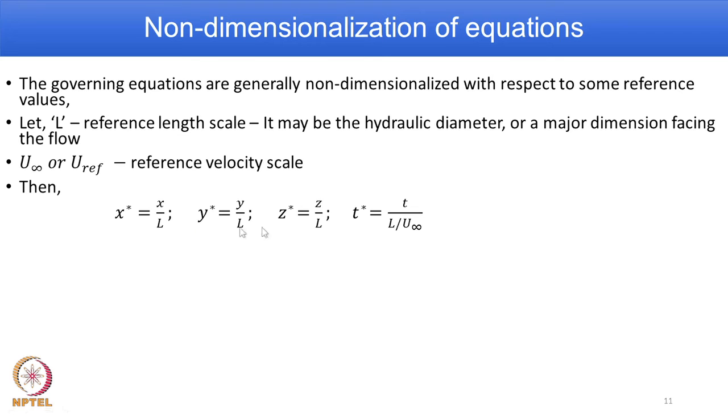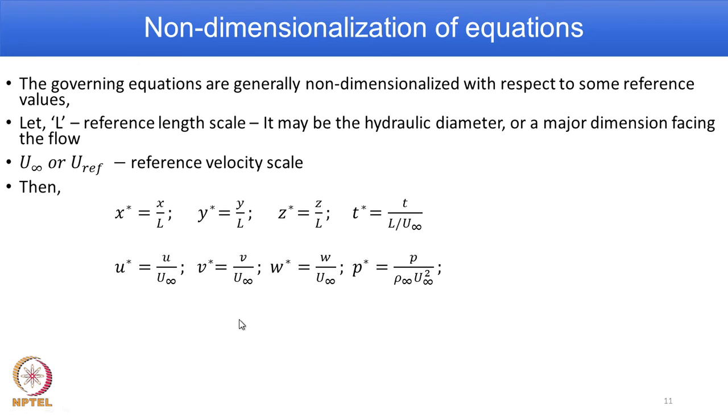We use the same length scale in all. So, it is y over L and z over L, and time is non-dimensionalized from these two. L over u infinity will give you the time. So, any time related quantity, for example the first term, the time derivative term, is divided by L over u infinity to get the non-dimensionalized time t star.